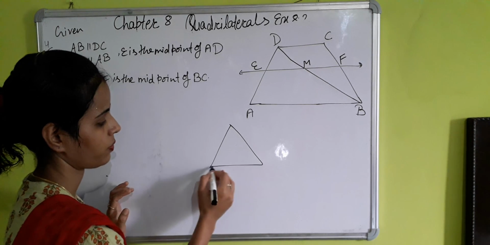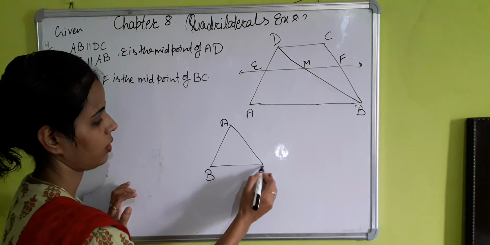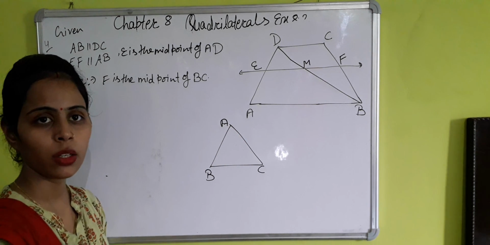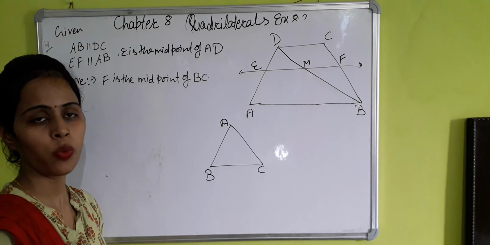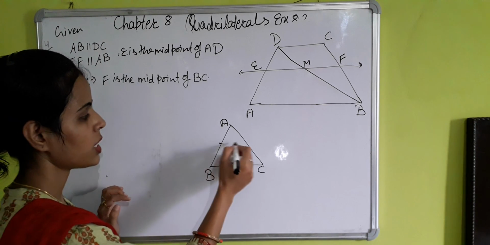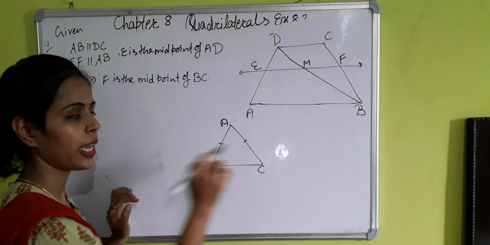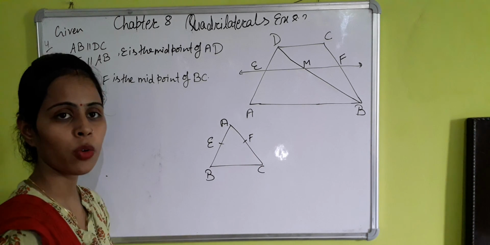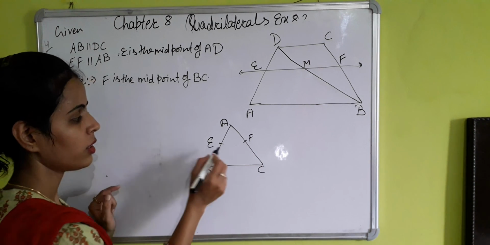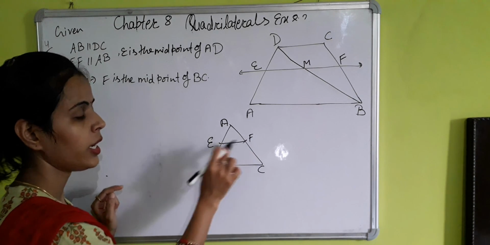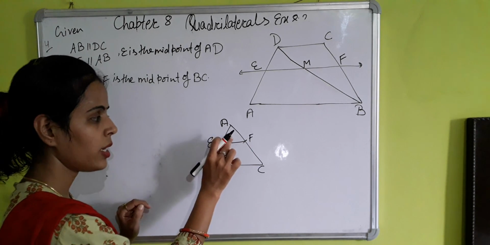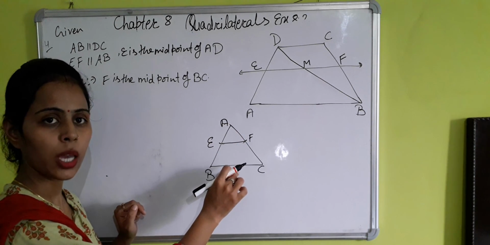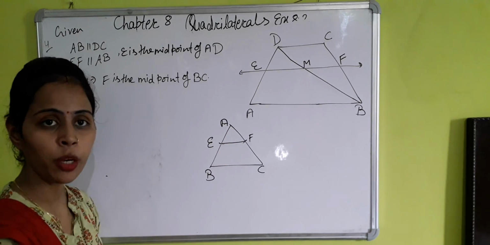The midpoint theorem says that when we draw a line through the midpoints of two sides of a triangle, suppose these are the two sides AB and AC, E is the midpoint of AB, F is the midpoint of AC, then this line EF is parallel to BC and EF is half of BC. This is the midpoint theorem.